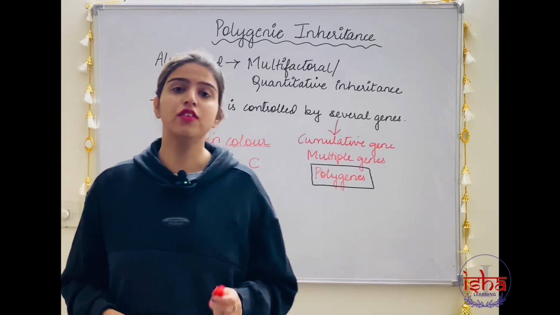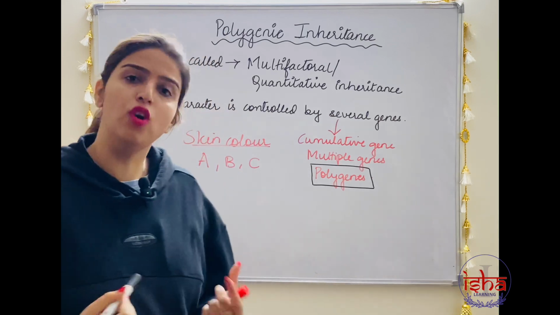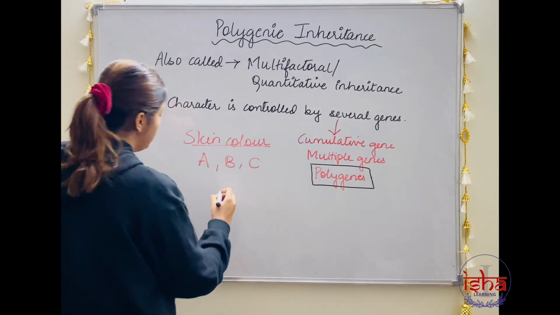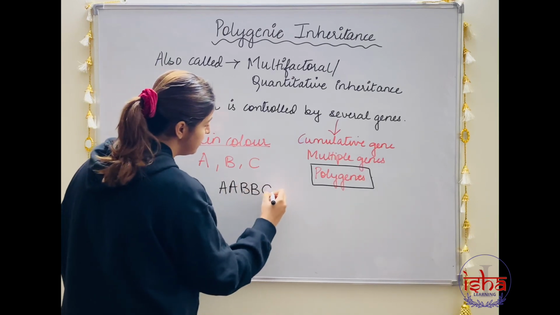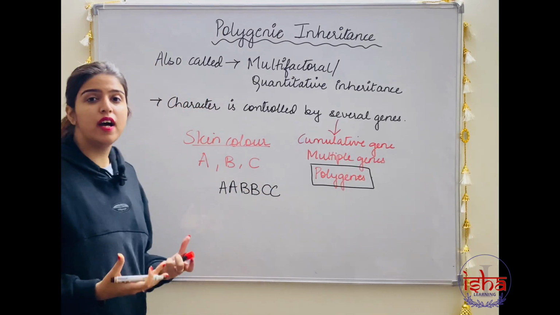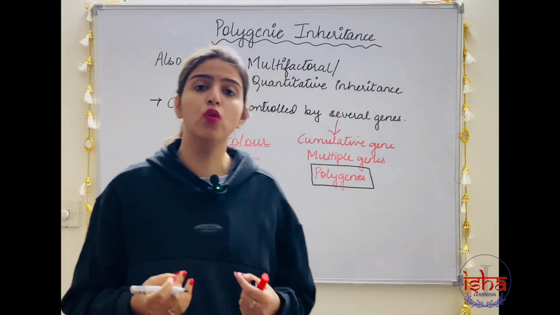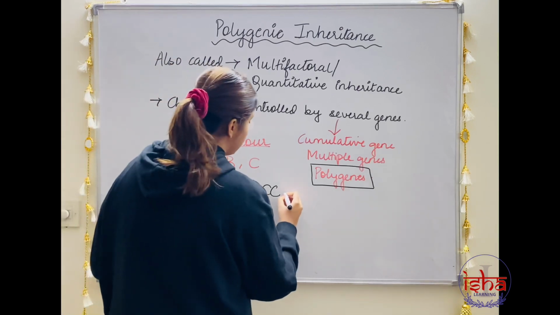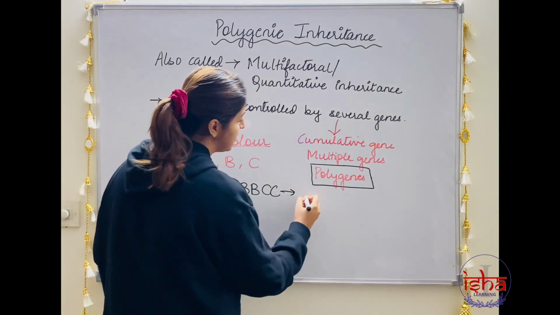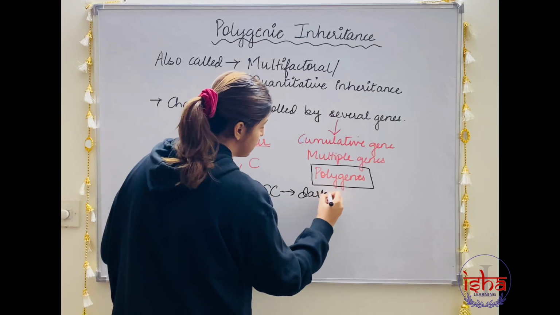Now, if all the three genes are present in a dominant condition, so let's say the situation is A is dominant, B is dominant, C is dominant. The phenotype is going to be of the most dark skin color type. So the melanin synthesized here will be maximum and the skin color is going to be the darkest.